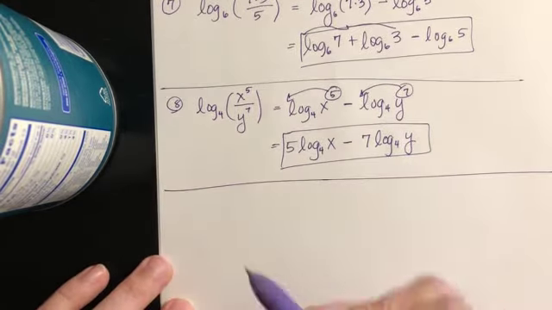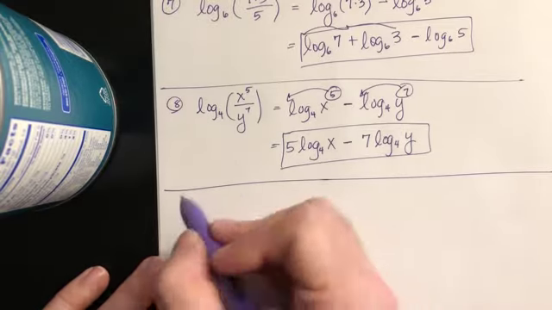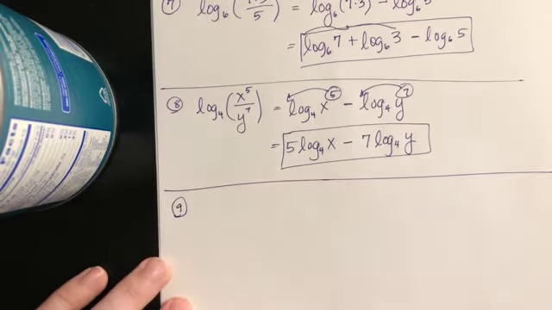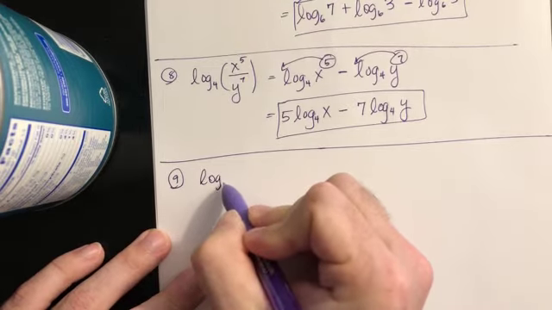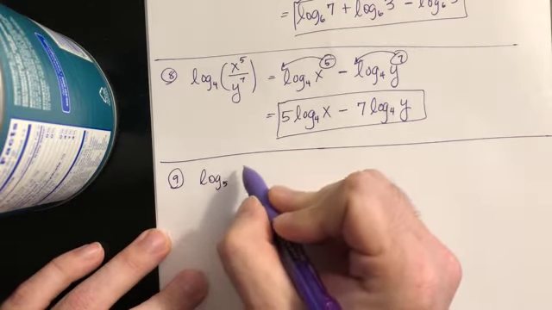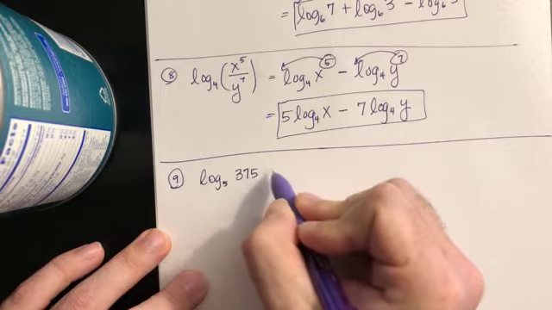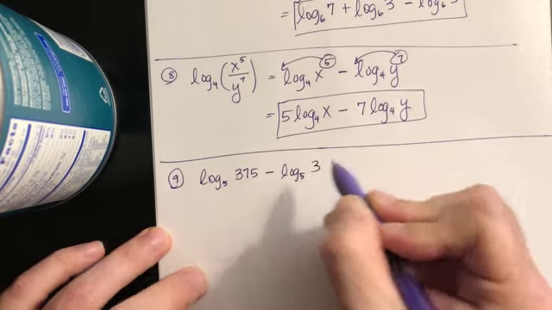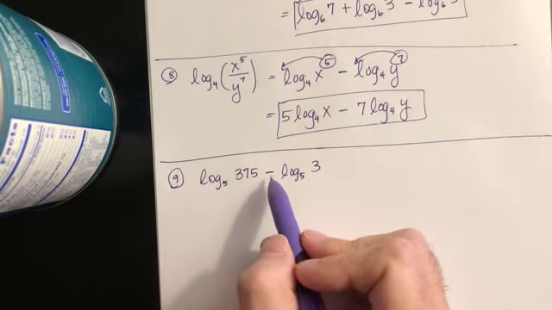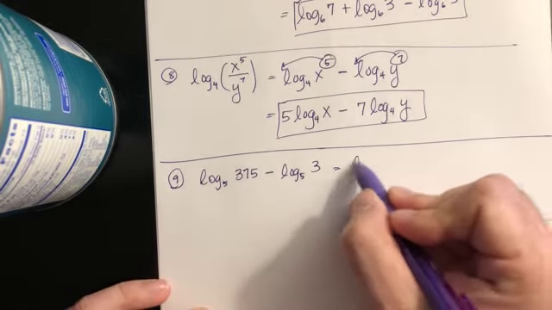Now with 9 and 10, we want to condense it, so we're going backwards. So with 9, we start with log base 5 of 375, which is interesting, minus log base 5 of 3. So minus on the outside is going to become divide on the inside.